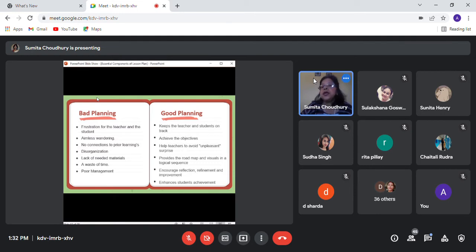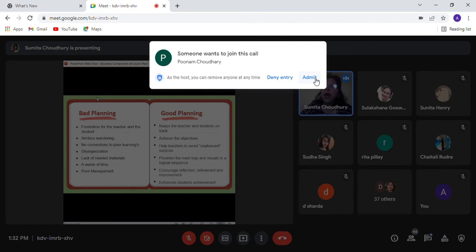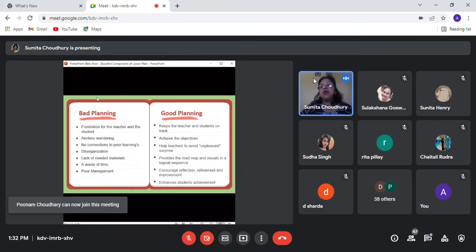First, it keeps the teacher and students on track to achieve the objectives, helps teachers avoid unpleasant surprises, and provides a roadmap and visuals in a logical sequence.